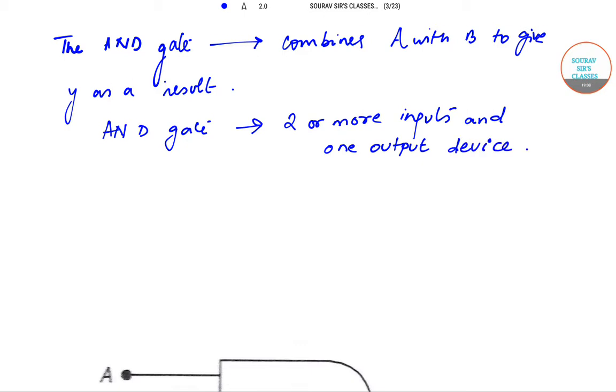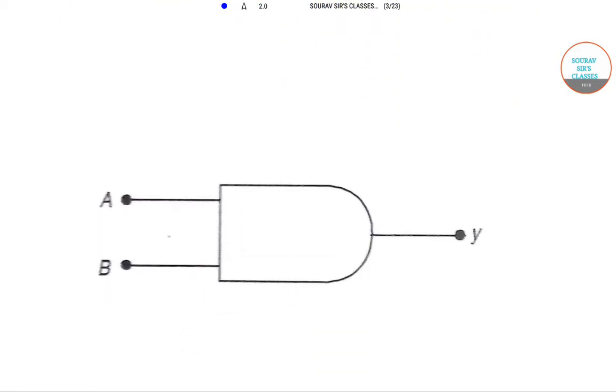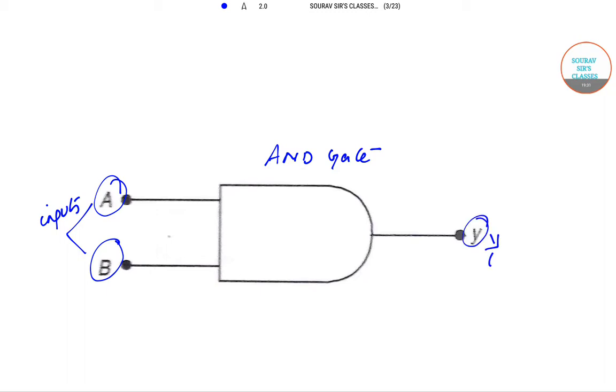Now the logical symbol of AND gate, so this is nothing but the AND gate diagram. The logical symbol of AND gate with A and B as inputs and Y as output can be well portrayed using this figure.